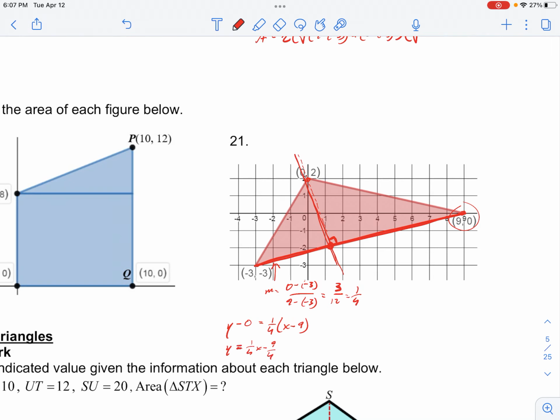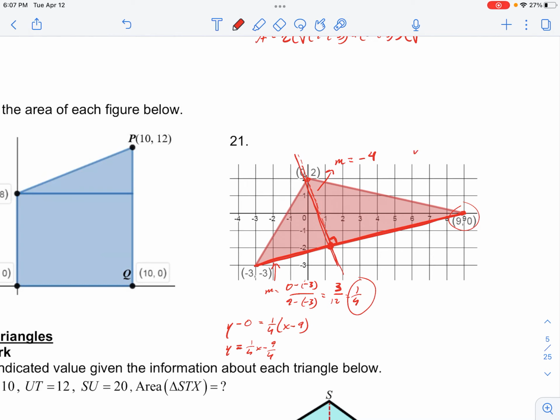And the equation of the line of the altitude we can find from its slope. So we know that it is going to have a perpendicular slope to the base, which means that it's going to be the opposite reciprocal of 1/4, which is negative 1 over 1/4, which is -4.